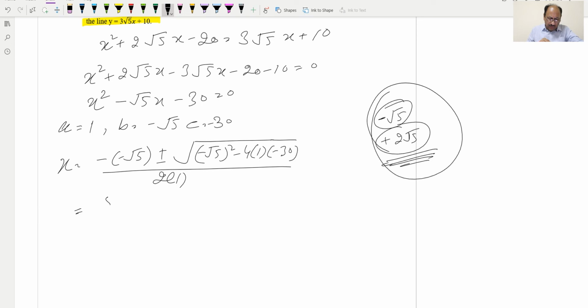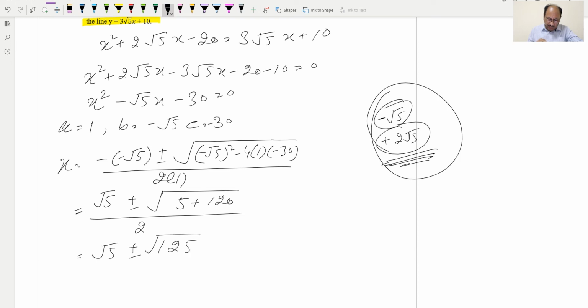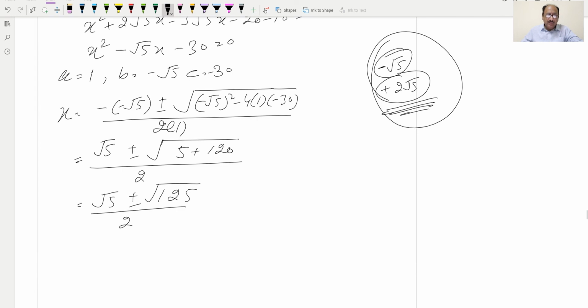This will be root 5 plus minus, under root, 5 plus 120, and divided by 2. So root 5 plus minus root 125, over 2.